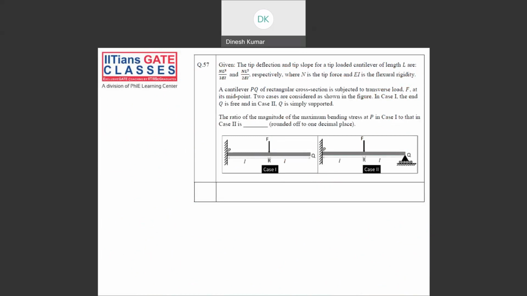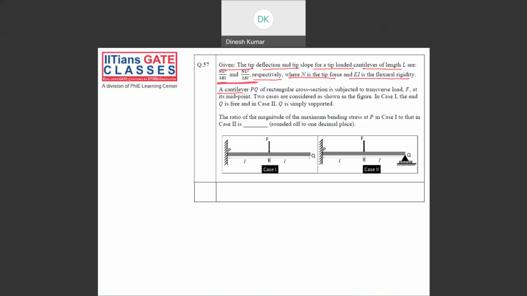Yeah. So if you look at the next question, what is given? Given the tip deflection and tip slope of a tip loaded cantilever of length L are NL cube upon 3EI and NL square upon 2EI respectively, where N is tip force and EI is flexural rigidity.